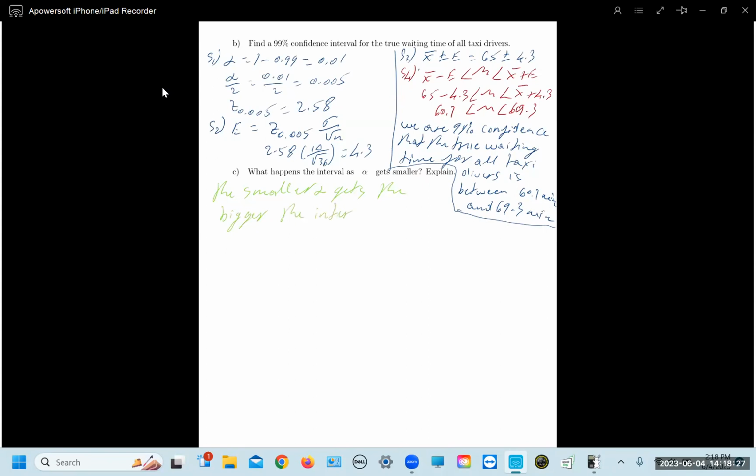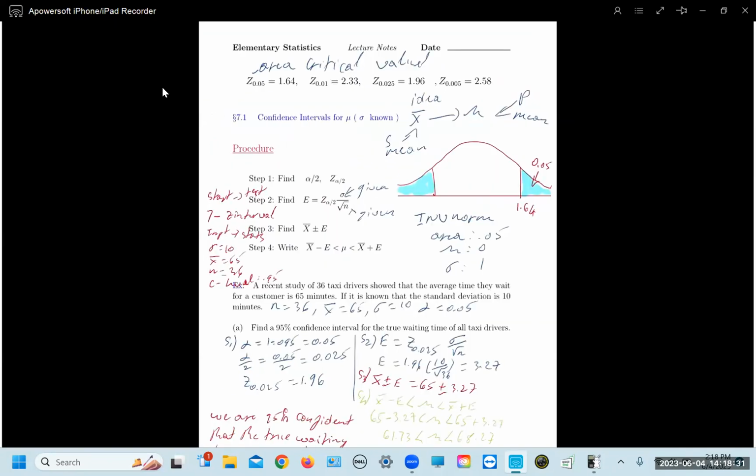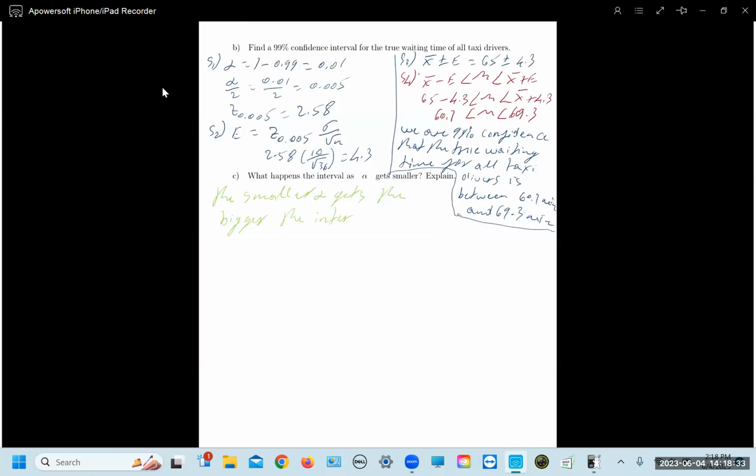We can compare with this one: 60 something, and this one, yeah, the interval.